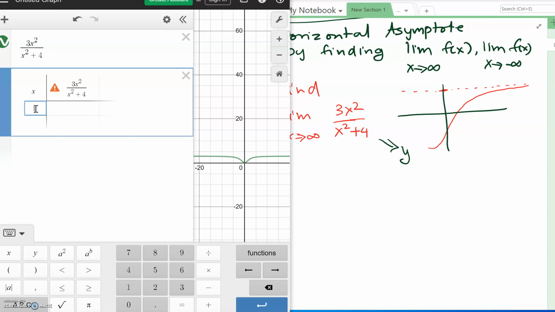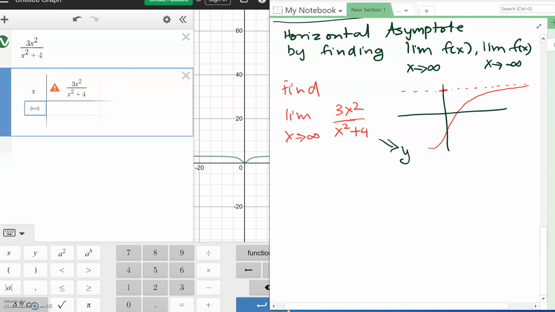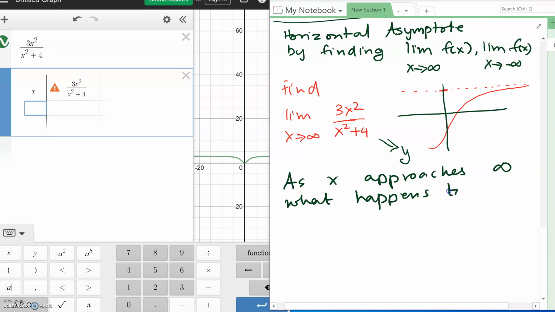So we're going to make x go towards infinity, which means x is very, very large. So as x approaches infinity, what happens to the y value? Okay, so that is the limit.